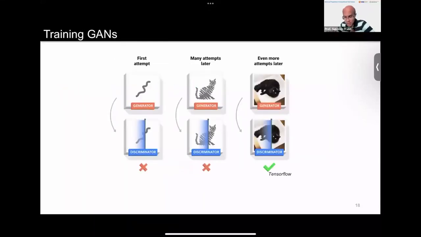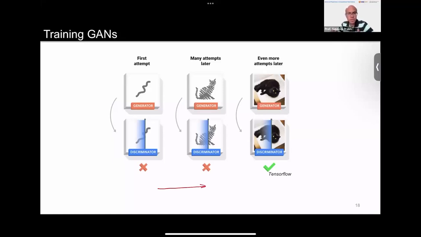The training process itself, before we get to the math, is a pictorial two-step process. These are epochs, and for the sake of illustration it converges in three epochs. In the first attempt, the generator generates some image, and the discriminator clearly says this is not something that looks like the training data, declaring it a fake image.